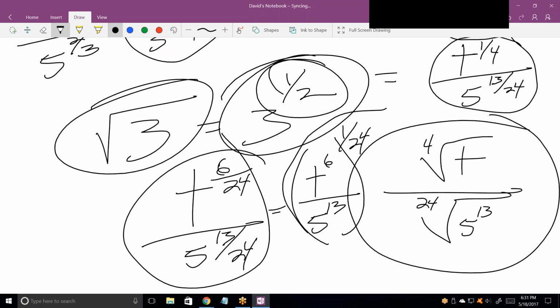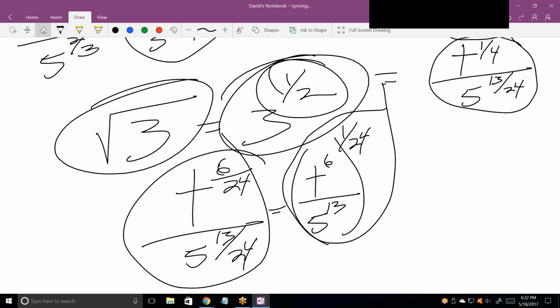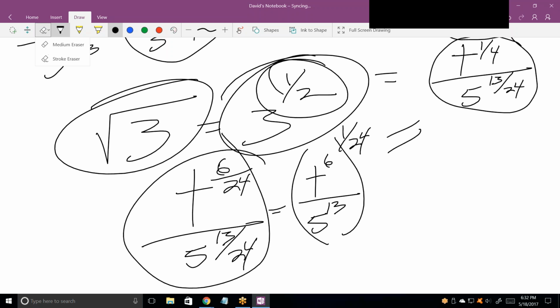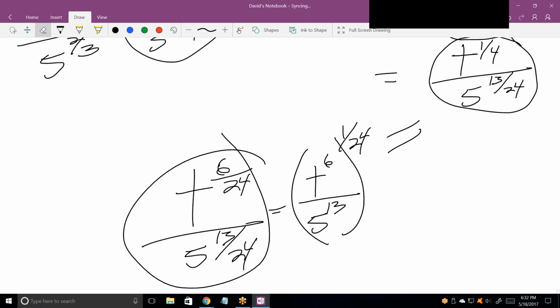So I could even have an answer like that if you happen to be looking at multiple choice. In other words, there's all kinds of ways to represent this answer. There's 3 of them that are all the same. All of the ones that I have circled are all the same.